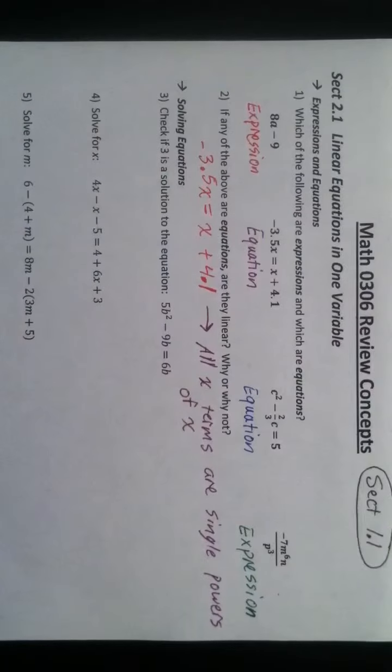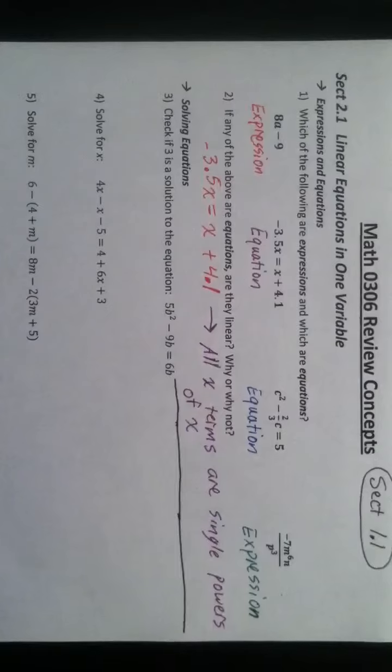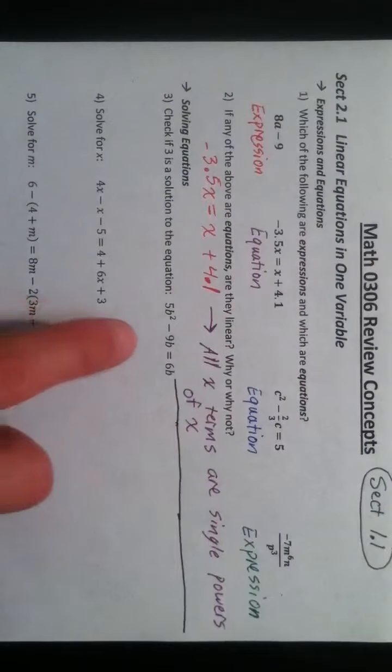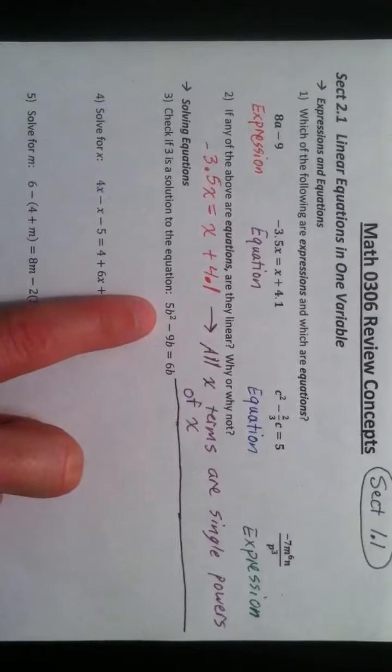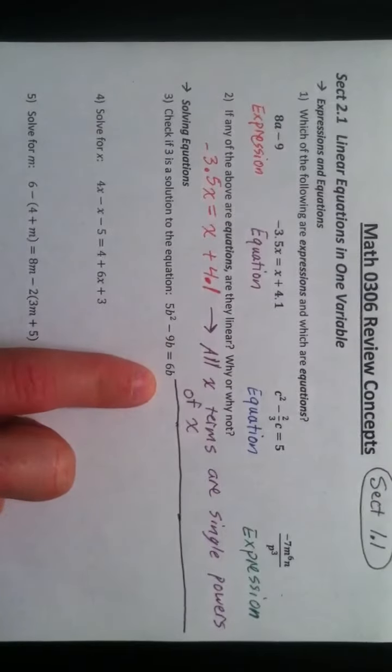So our next concept we're going to take a look at is solving equations. Anytime you solve any type of equation, whether it's a linear equation like we just looked at, or something that has a higher power of your variable like this b squared, solving an equation is really just asking what number value we could plug in for this variable so that if we carried out all the operations, we get something on the left hand side that equals whatever we'd get on the right hand side.